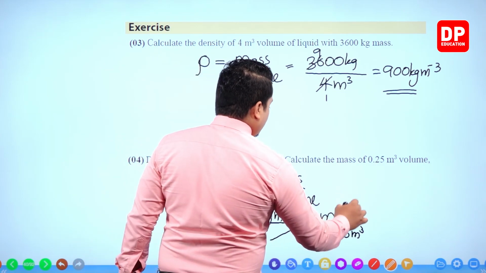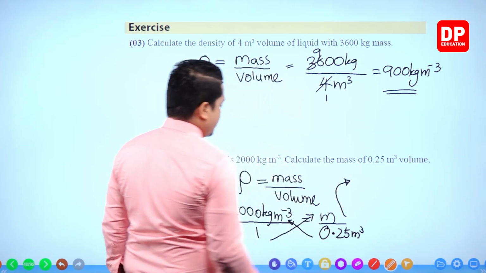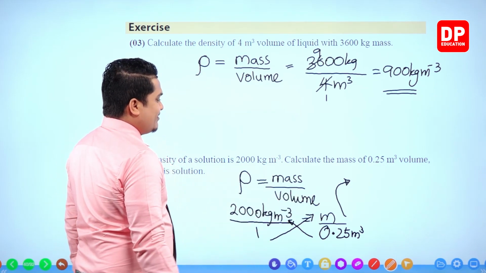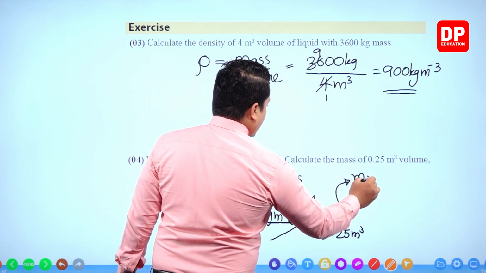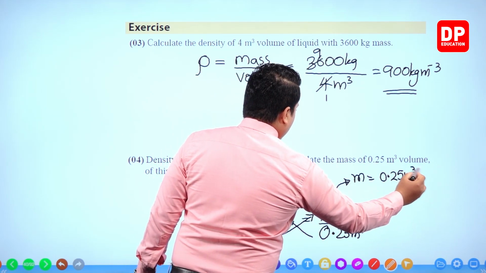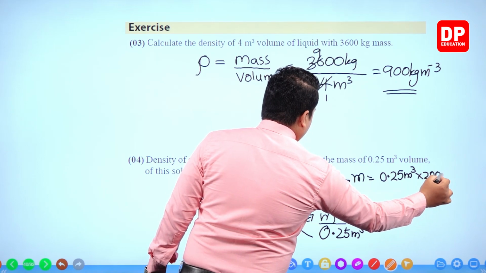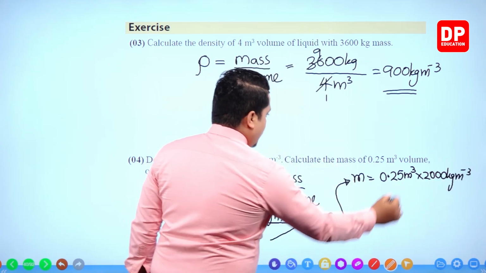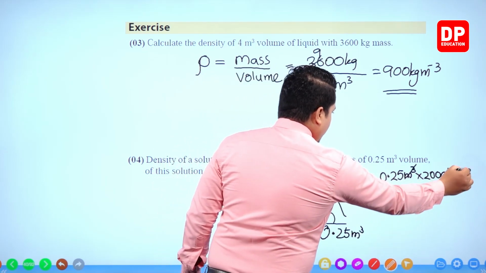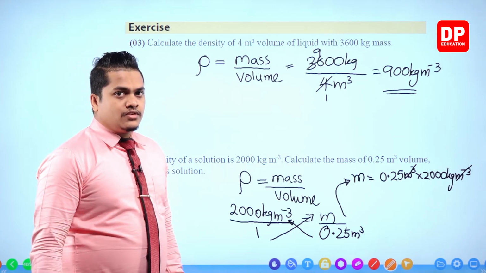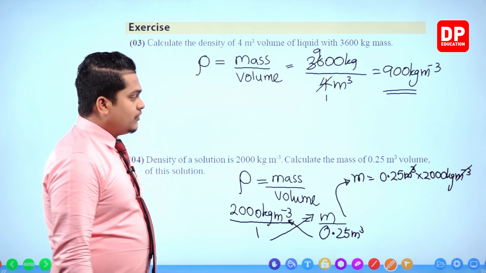So, after doing the cross multiplication, you can get the answer 0.25 into 2000. 1 into M, it is equal to M. 0.25 m to the power 3 into 2000 kg m to the power negative 3. So, m to the power 3 to m to the power negative 3 is getting cancelled. So, from kilograms, you will get the answer for the mass.